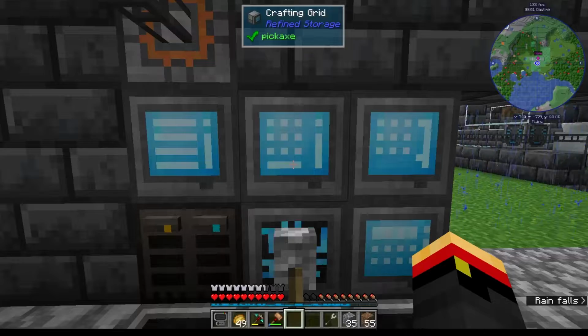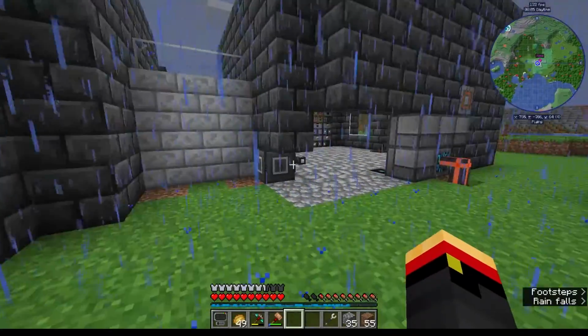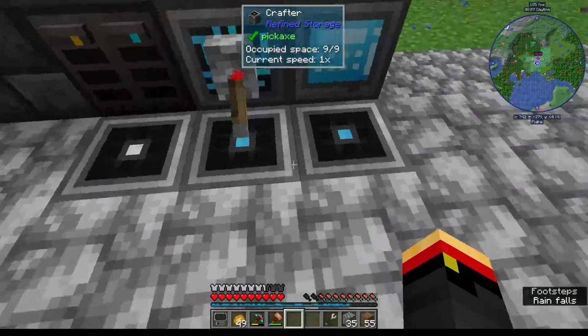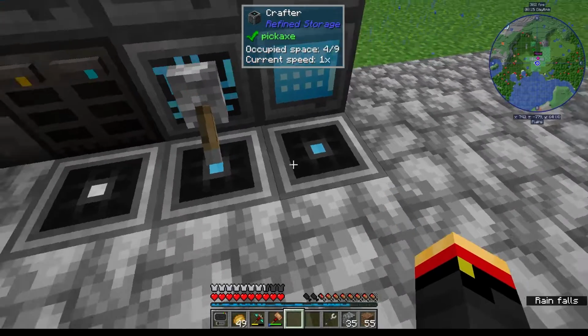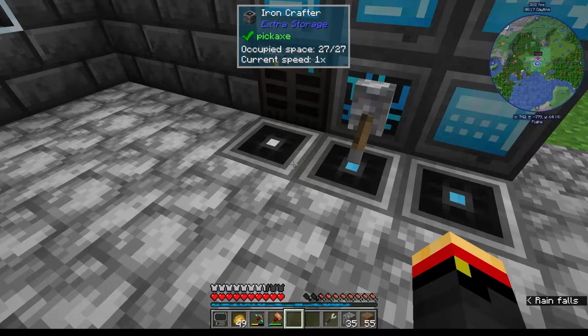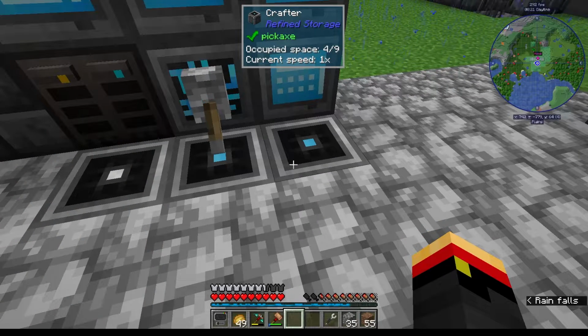Good. I'm going to dump this iron crafter on here, and we'll use regular crafters here. I think that will give me a net power savings for the moment. And we can spam these crafters until we have enough power to upgrade to gold crafters, which will store a lot more patterns, but more importantly, they'll be way faster as well.